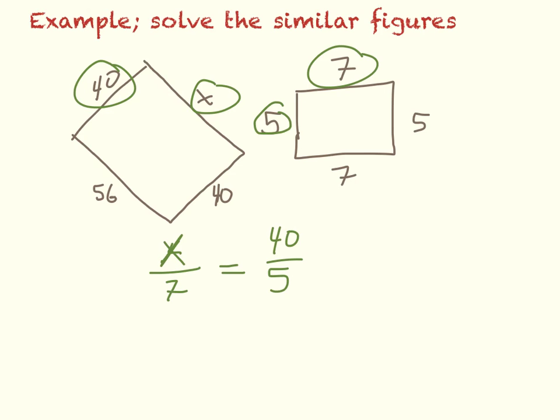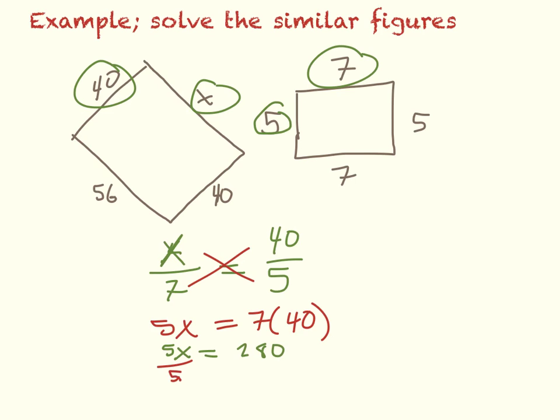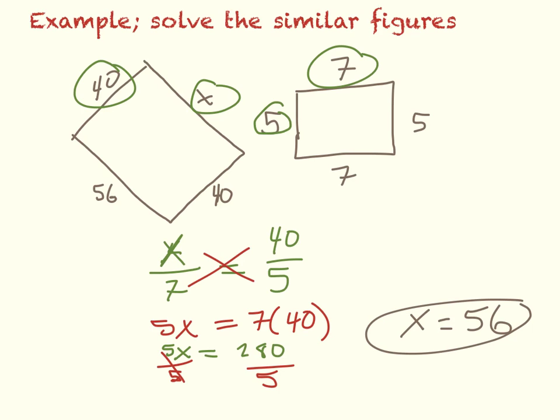Make sure you match them up properly, the x with the 40, the 7 with the 5, and then I can do cross multiplication. 5x equals 7 times 40. So then I multiply, and I have 5x equals 280. And then I have to divide by 5. So x equals 56. And that's your final answer.